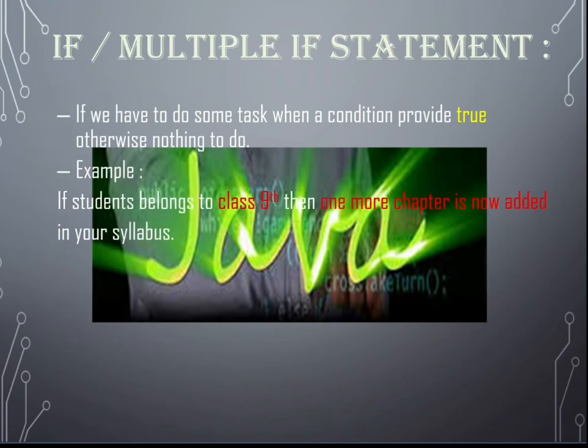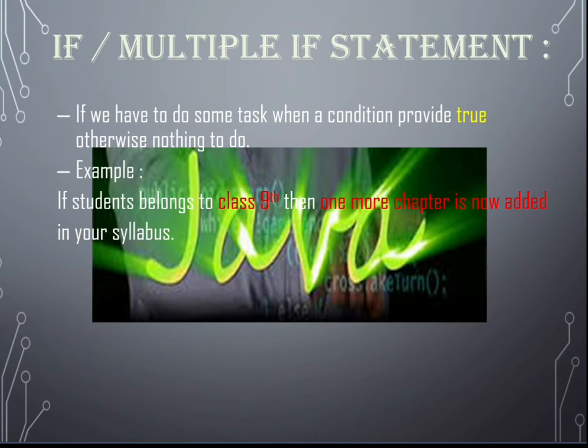See, an example: if a student belongs to class 9th, then one more chapter is now added to your syllabus. It means the question is not going to say anything about any other class.